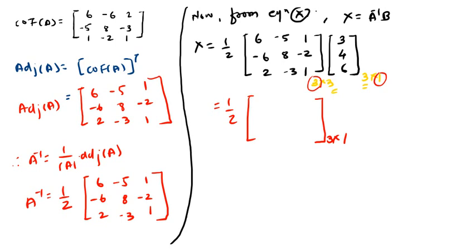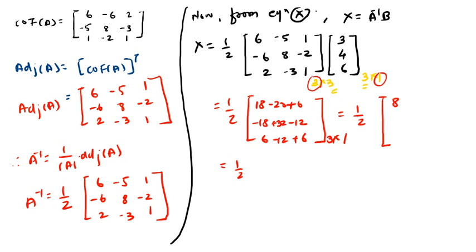This will be 18 minus 20 plus 6. This will be minus 18 plus 32 minus 12. This will be 6 minus 12 plus 6. Finally solving, this will be equal to 1 by 2 into: 18 minus 20 is minus 2, plus 6 is 8. Then minus 18 plus 32 minus 12 gives 2.